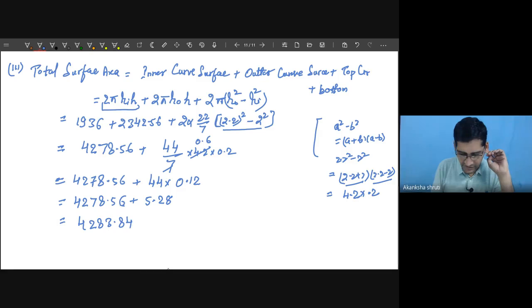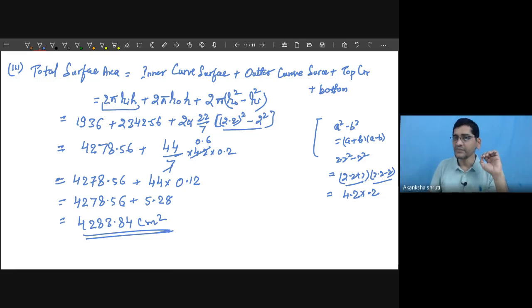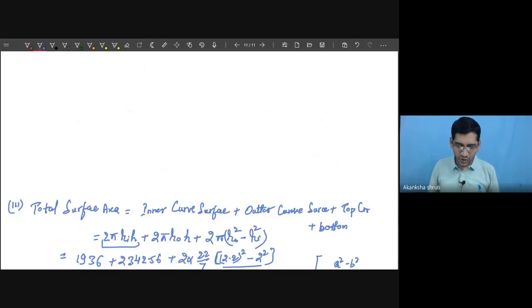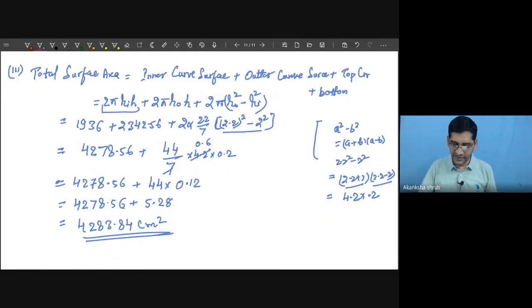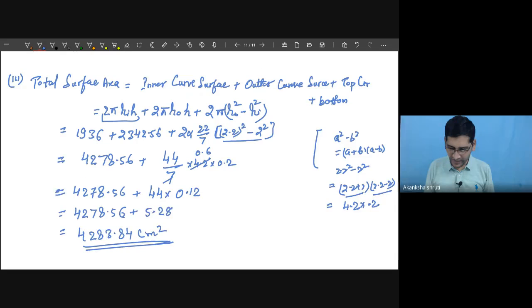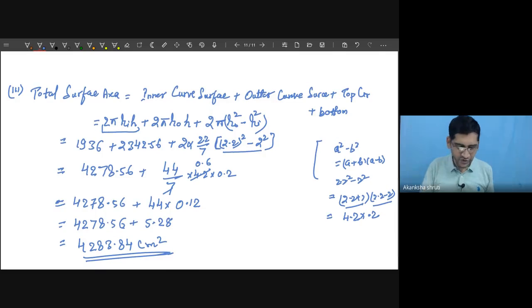Very good. So this much centimeter square. Okay, student, it is so simple. This way we had calculated the total surface area, and we should be careful how to calculate it, as I had explained.